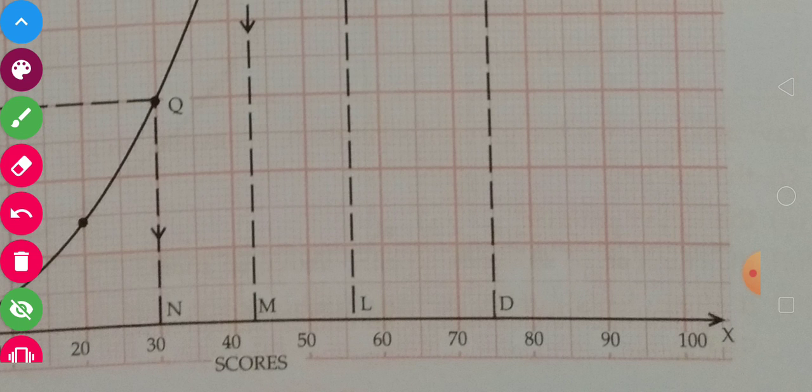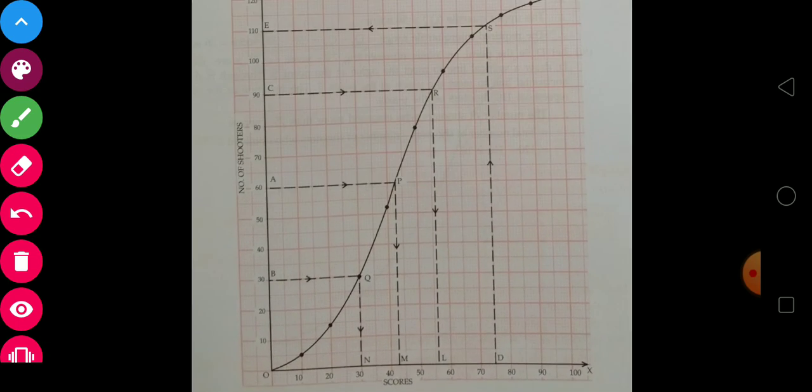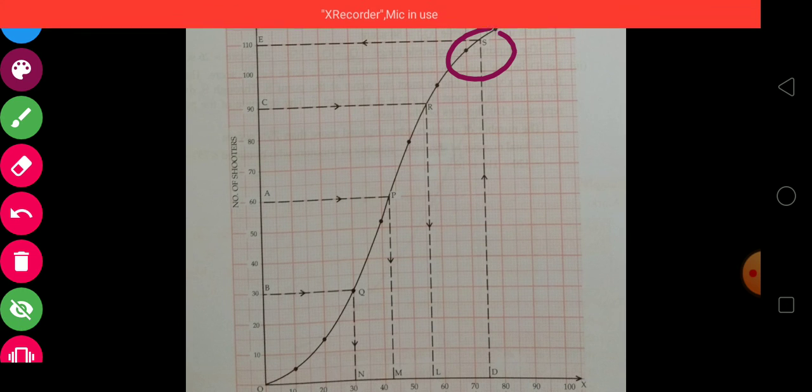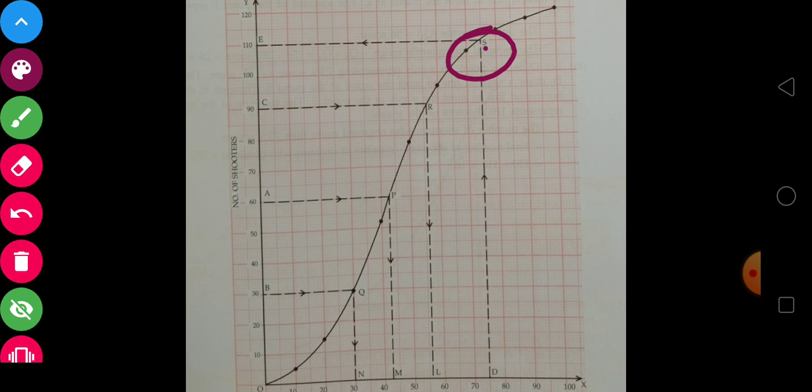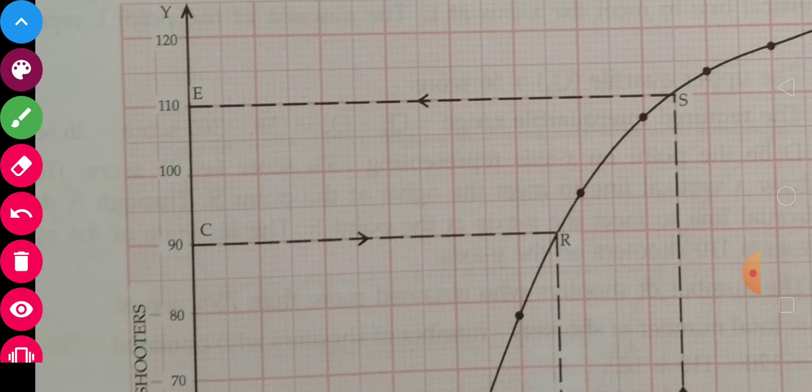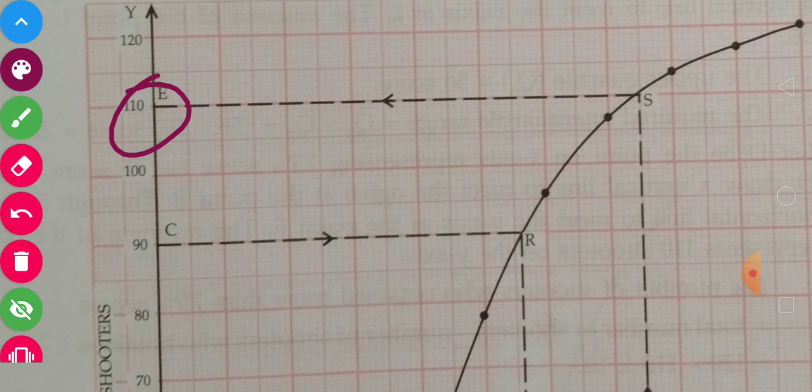From 75, this point, we will draw a line parallel to the y-axis. It will touch the ogive at a point, and from that point we draw a line parallel to the x-axis. It will touch the y-axis at a point. In this case it is 110. So 75% score means people who have scored up to 75.